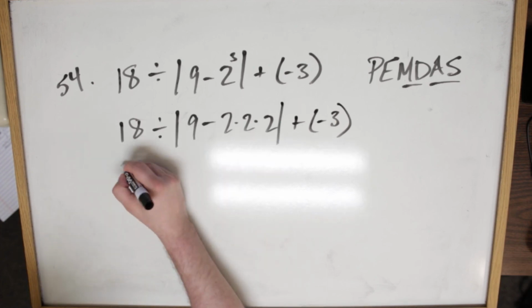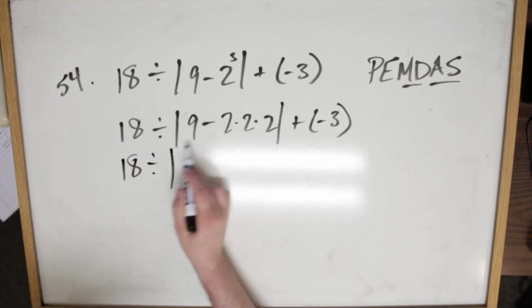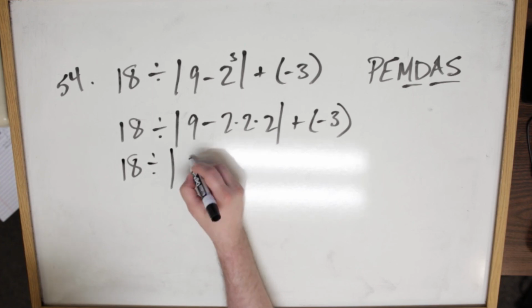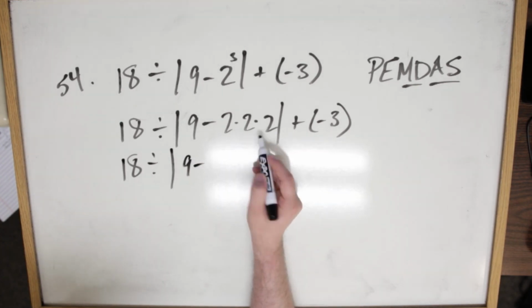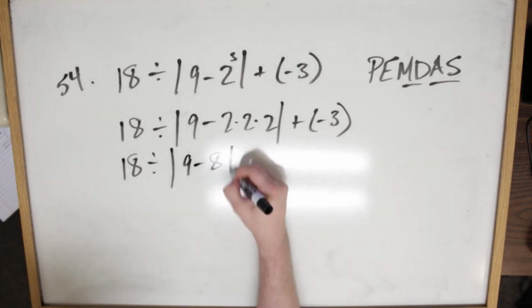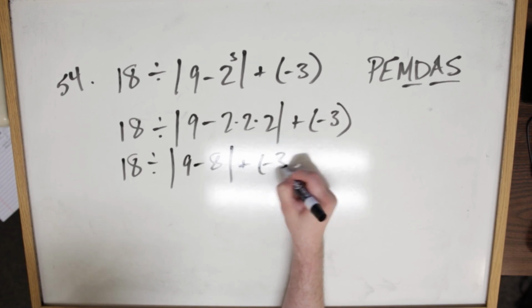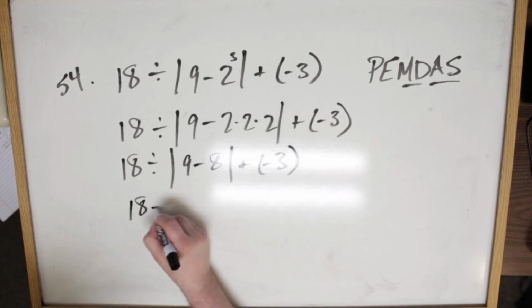So 18 divided by, and again, I'm only looking at the stuff inside the grouping symbol first. So 9 minus 2 times 2 times 2 is 1. Plus a negative 3.